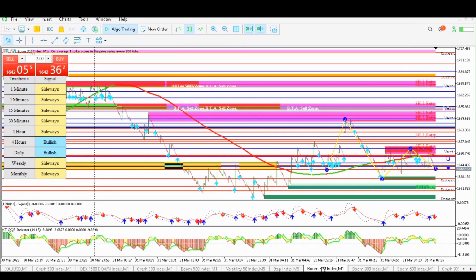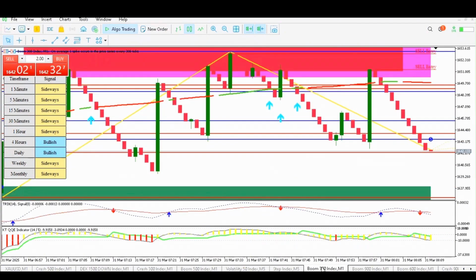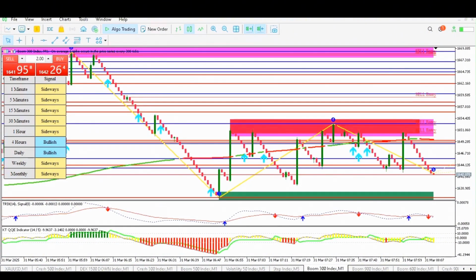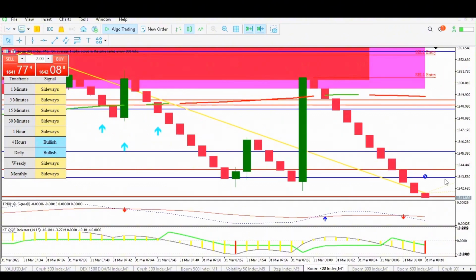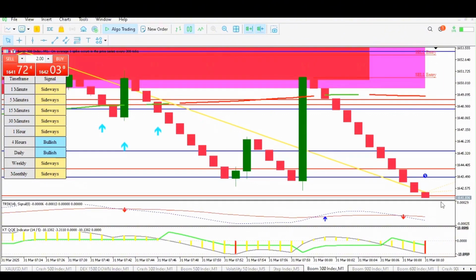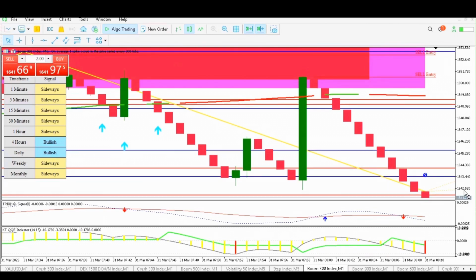So let's check. This is a Boom 300. As you can see, on Boom 300, we have a possibility to catch a spike. Why? Because we only have one node here, and we also have these two nodes, but they are not below the current market price. So it means there's a chance for you to catch a spike.